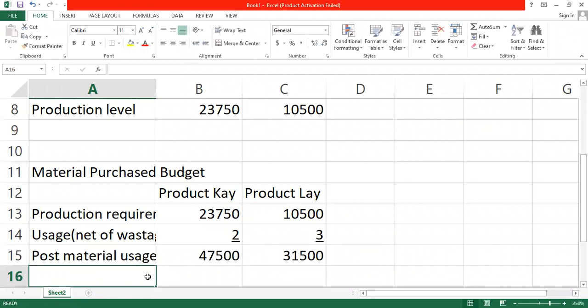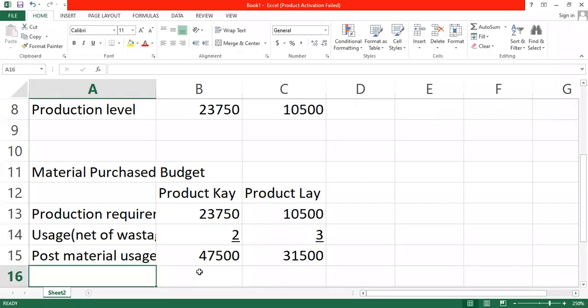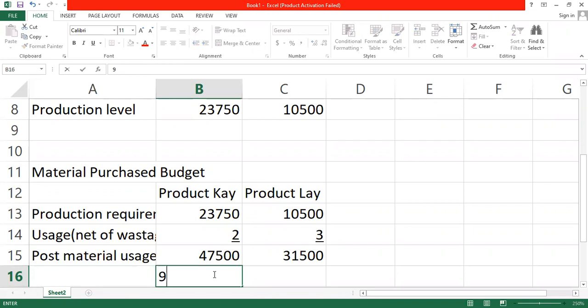But they are saying there should be wastage. What is the wastage requirement for the first one, for product K? 5%. It means that the 47,500 represents what percentage? 95%.